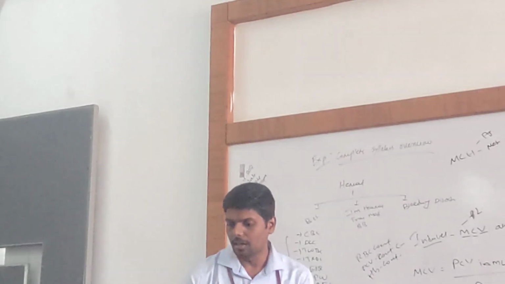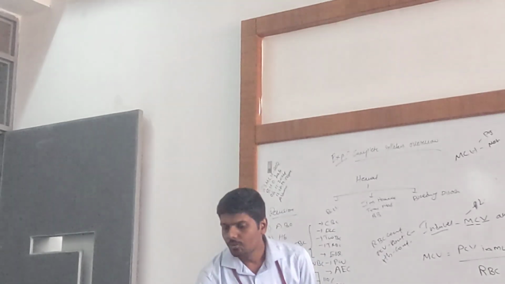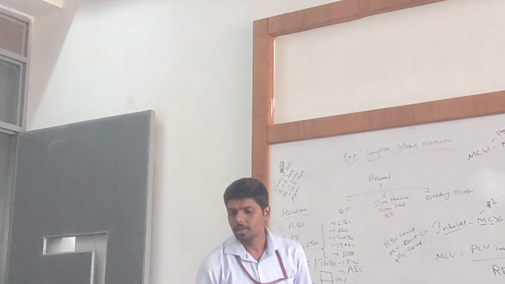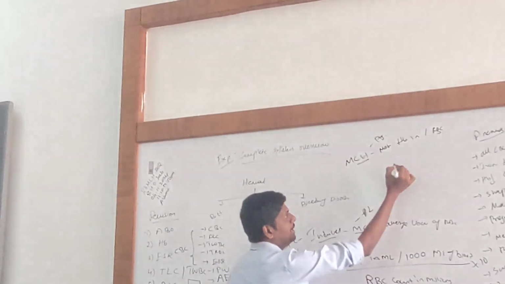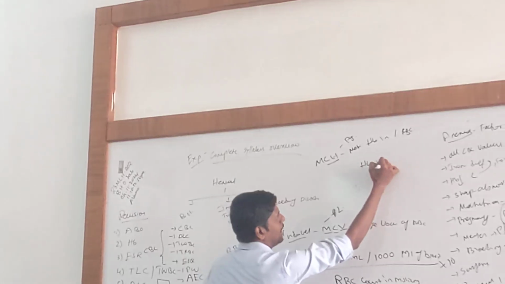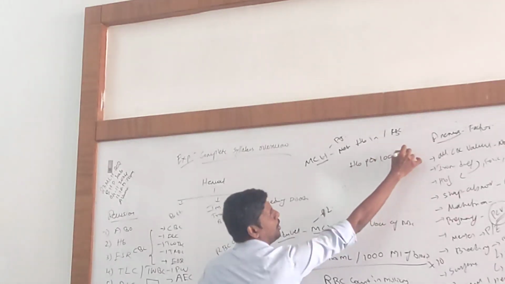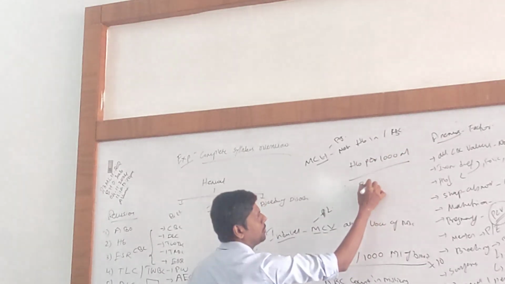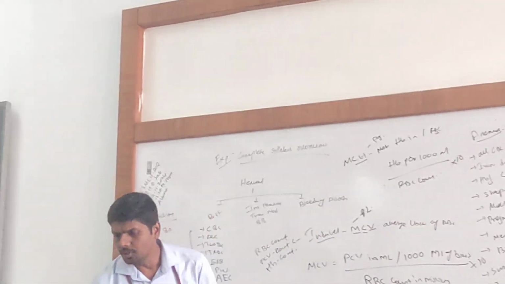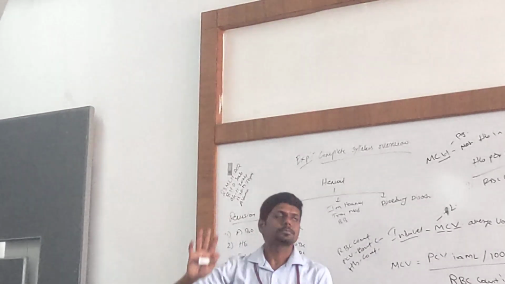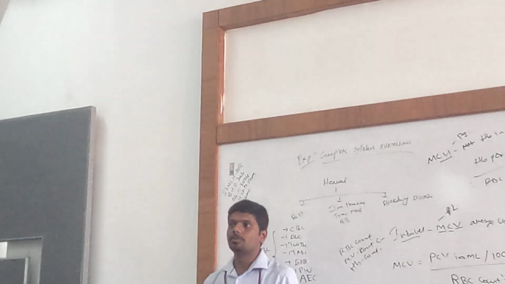Now write down the formula of MCH. Very simple. Hemoglobin over RBC count in millions, into 10, will be your MCH value.